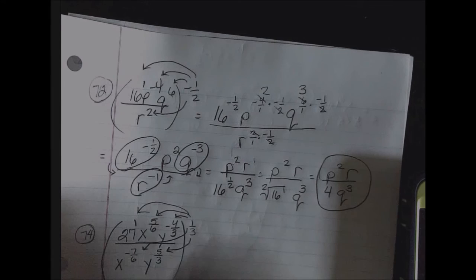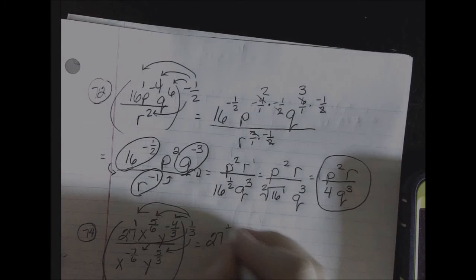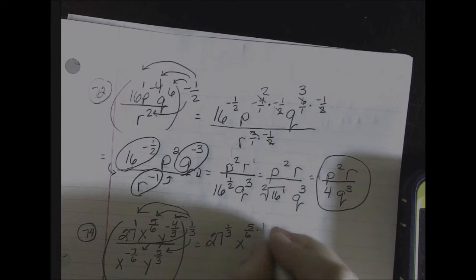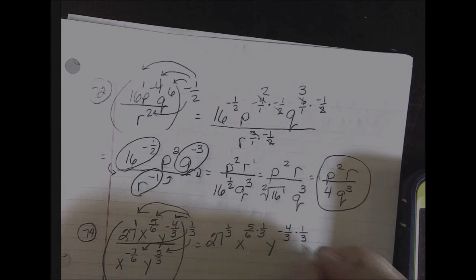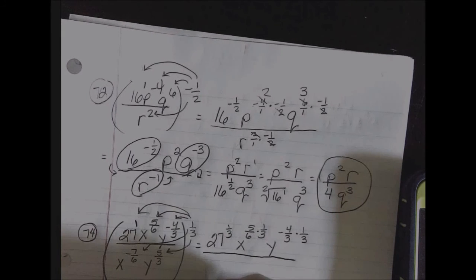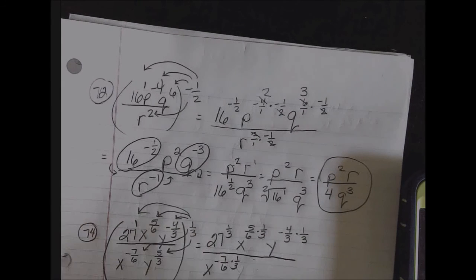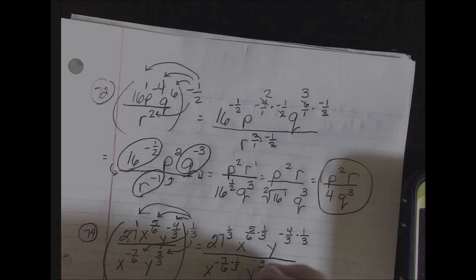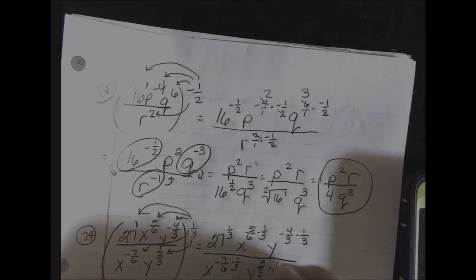So that gives me 27 to the 1/3, x to the 5/6 times 1/3, y to the negative 4/3 times 1/3, over x to the negative 7/6 times 1/3, and then y to the 5/3 times 1/3.